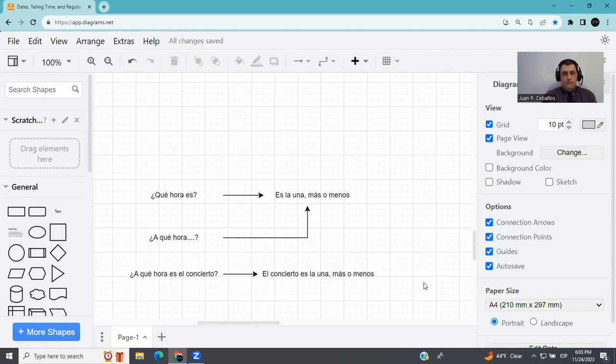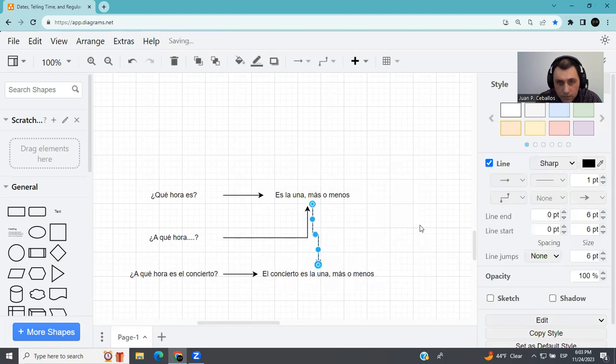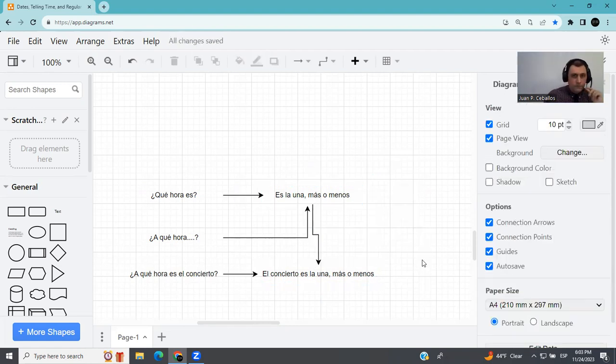So in other words, I can also use this same form. ¿Qué hora es? I can use that expression if I don't know the hour. What time is it? I can say it is 1 o'clock, more or less. I can also say at what time the concert starts. The concert starts more or less at 1 p.m. So the same formula. Here are the examples.